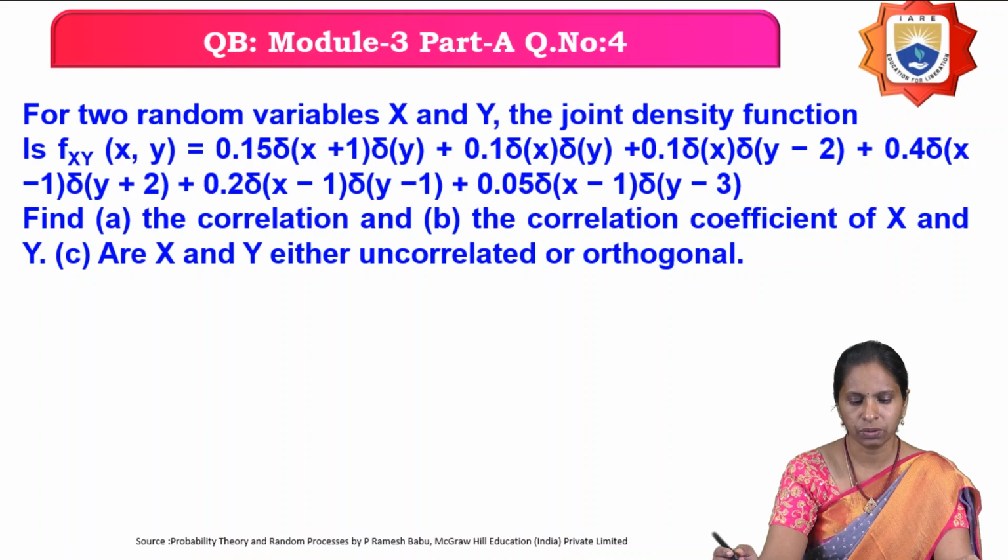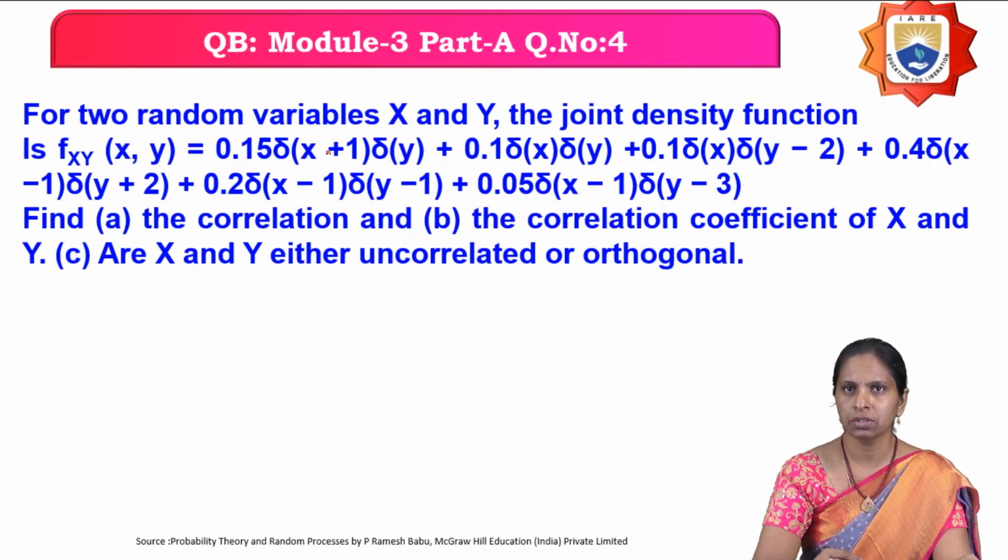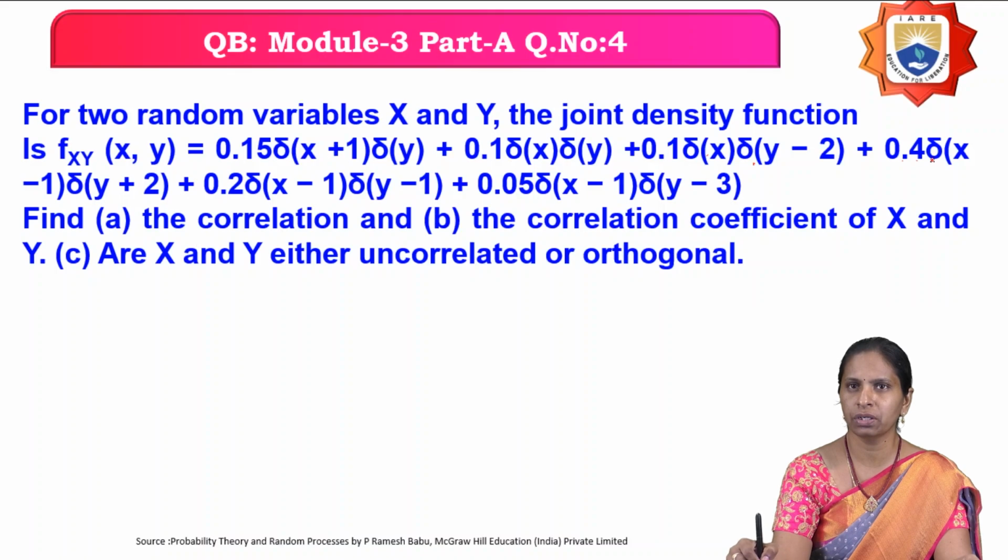Next question. For two random variables x and y, the joint density function is fxy of x comma y equals 0.15 del of x plus 1 into del of y, plus 0.1 del of x into del of y, plus 0.1 del of x into del of y minus 2, plus 0.4 del of x minus 1 into del of y plus 2, plus 0.2 del of x minus 1 into del of y minus 1, plus 0.05 del of x minus 1 into del of y minus 3.